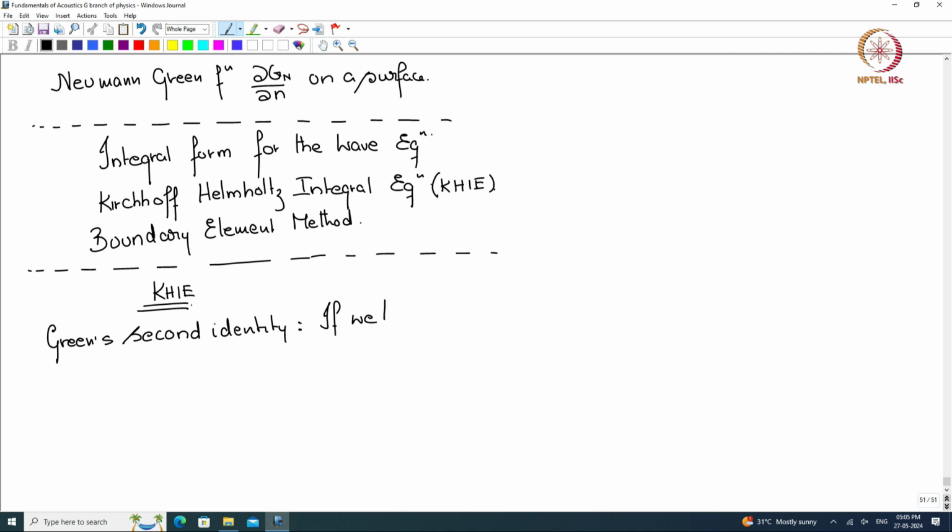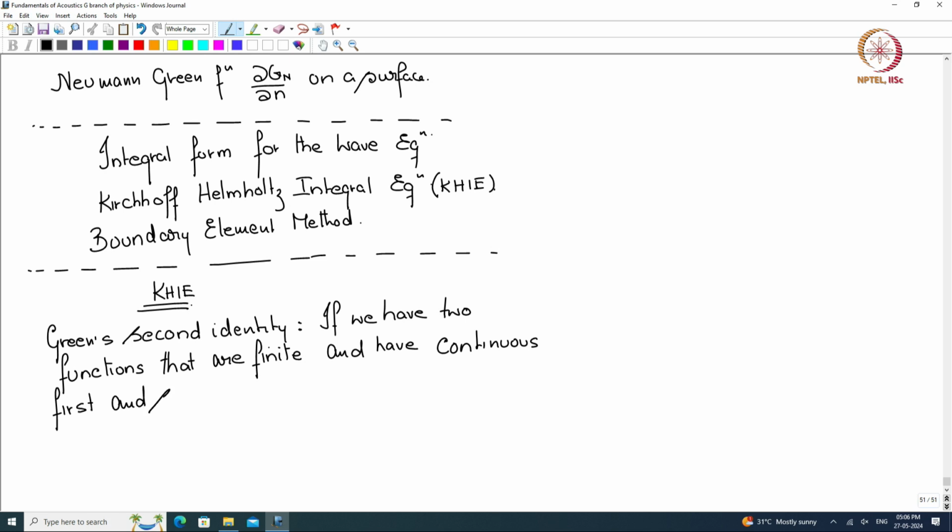if we have two functions that are finite, that means bounded, and have continuous first and second partial derivatives.